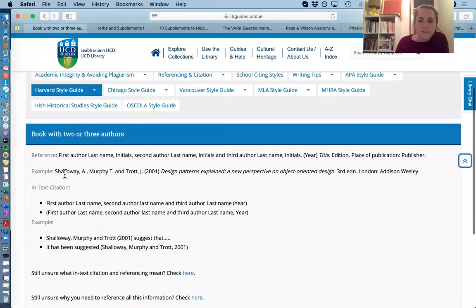What they do is they tell you how to write the reference and then how to write the in-text citation as well. Here it's the first author's last name and initials, the second author's last name and initials, the third author's, the year of publication, the title of the book in italics, the edition, the place of publication, and publisher. And they give an example here.